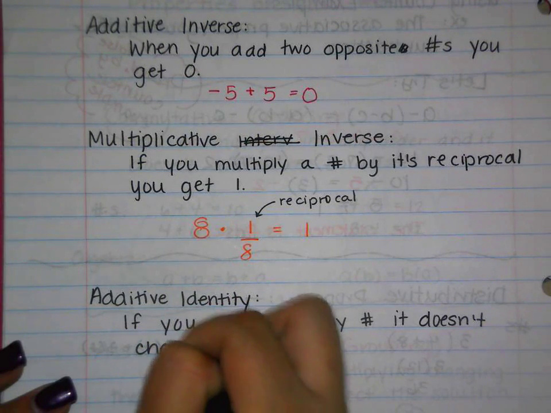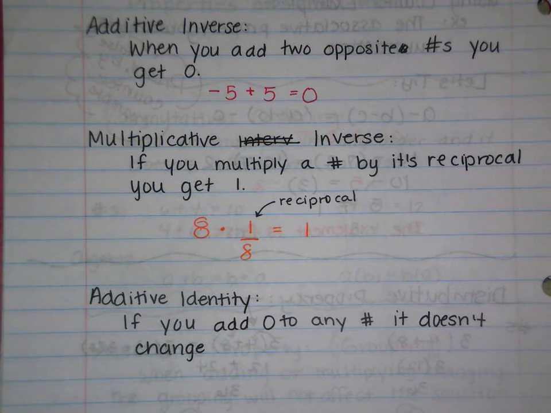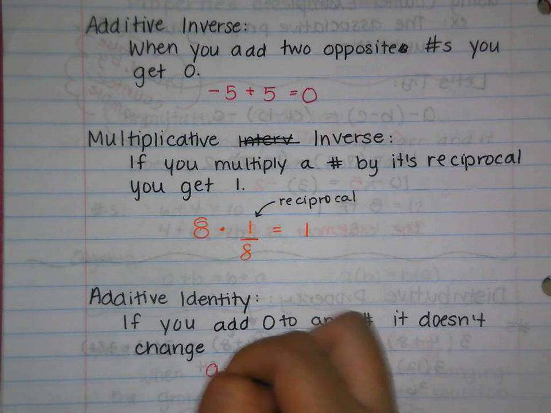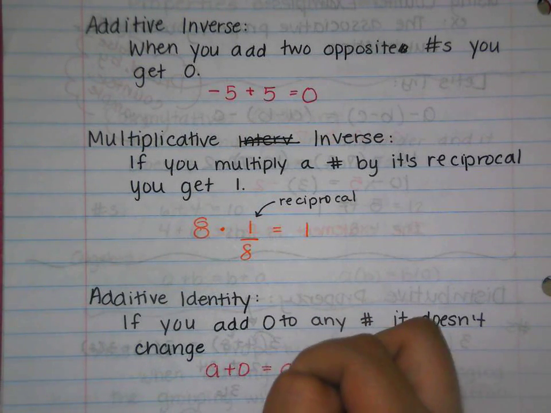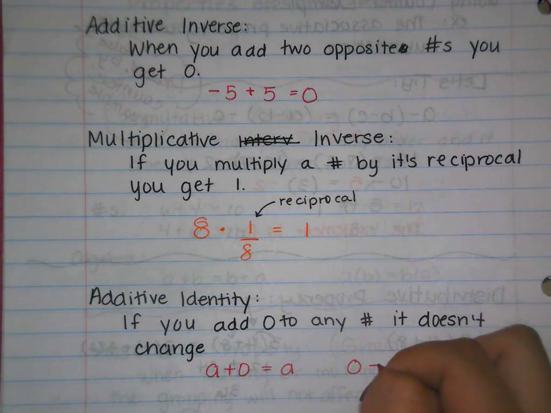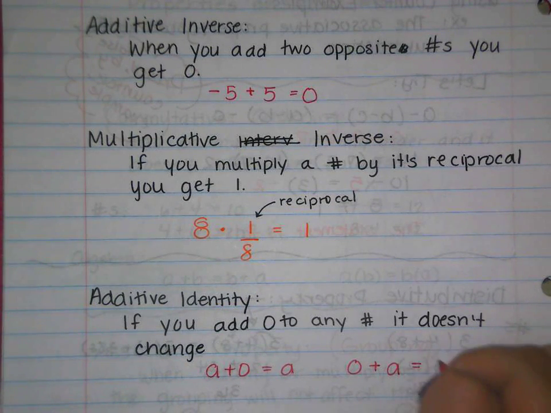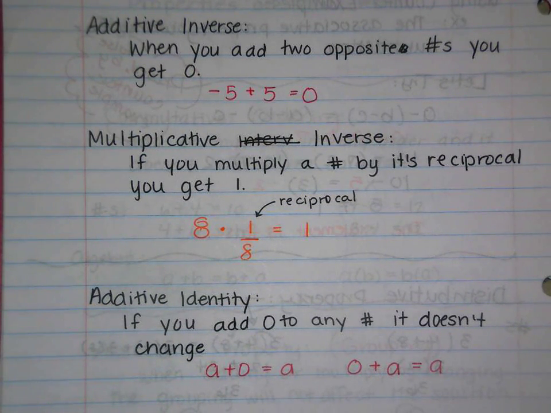So, simple example. I could say A plus 0 equals A, or 0 plus A equals A. If I add 0 to any number, it's going to equal A.